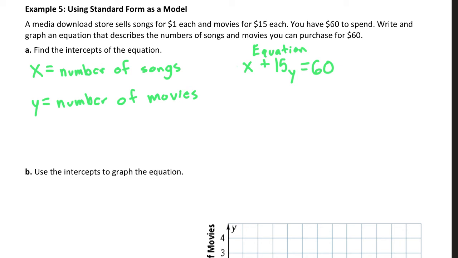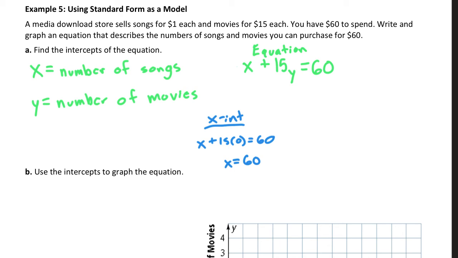Now the next step is to find our x and y intercepts. So to find my x-intercept, I would plug in 0 for y. So this would be x plus 15 times 0 equals 60. So this represents, x equals 60. So this means if I buy 0 movies, I could buy 60 songs, which makes sense.